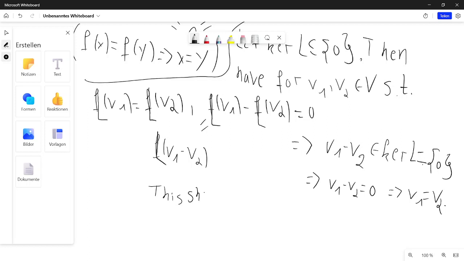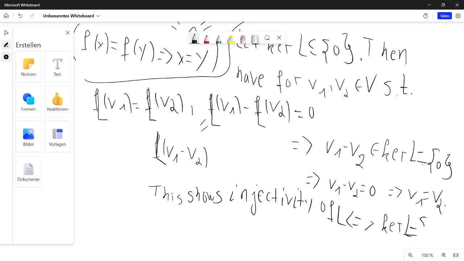This shows injectivity of L, so both directions together show that the kernel of L is equal to 0.